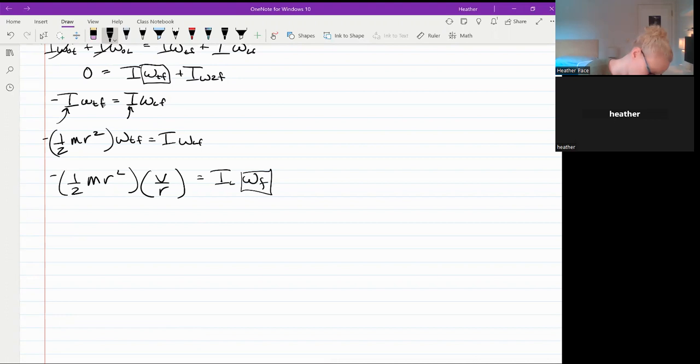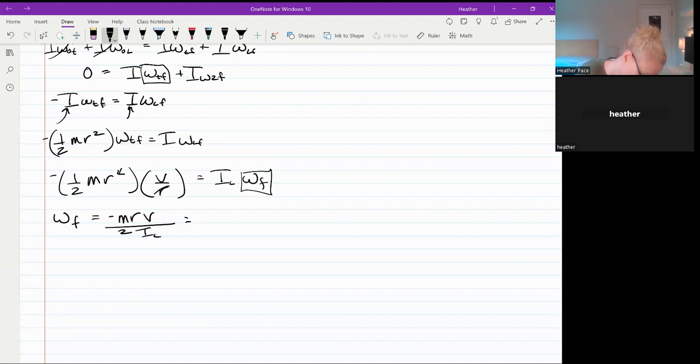Let's do a little bit of work here, and then we're just plugging in. Let's rearrange this to omega f equals negative m r v over 2 I L.